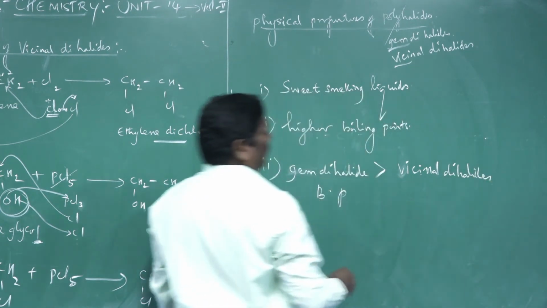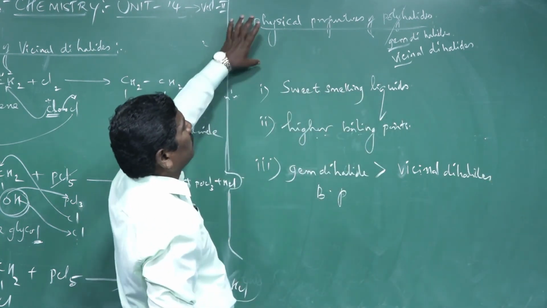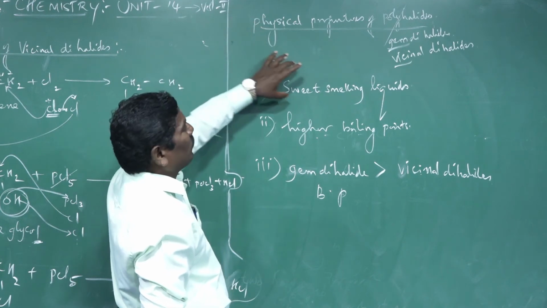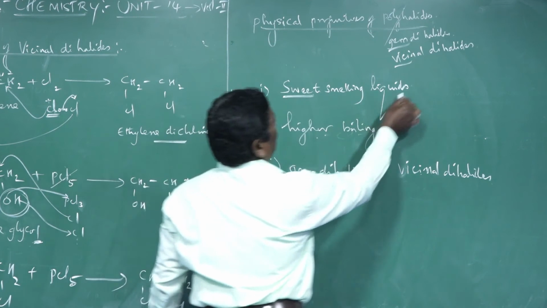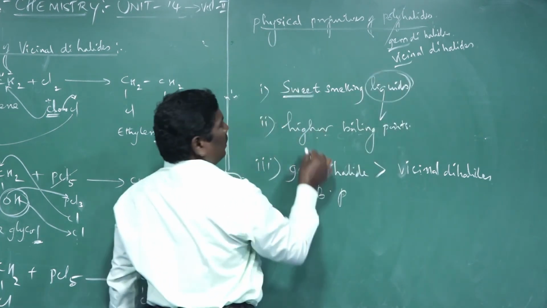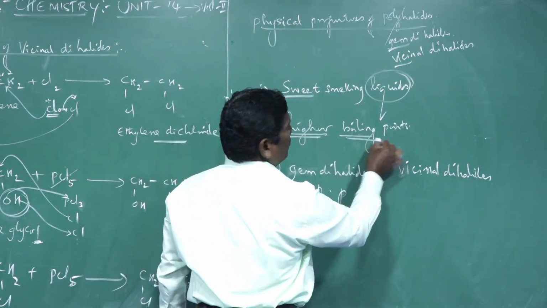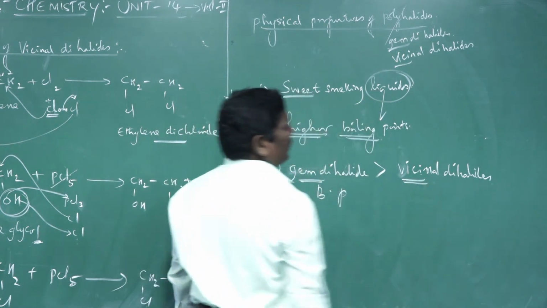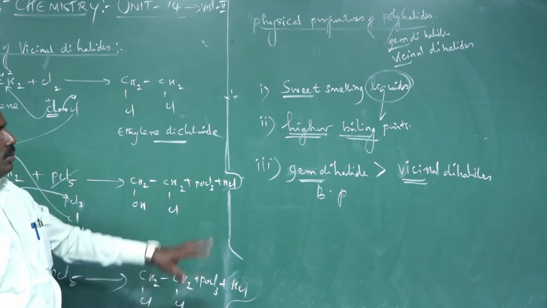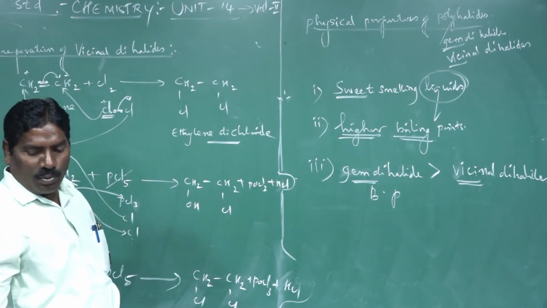This is the concept of physical properties: sweet smelling liquids, in the form of liquids, generally having higher boiling points. Comparing these two, gem dihalides have higher boiling points than vicinal dihalides. This is a simple concept you should understand about these physical properties.